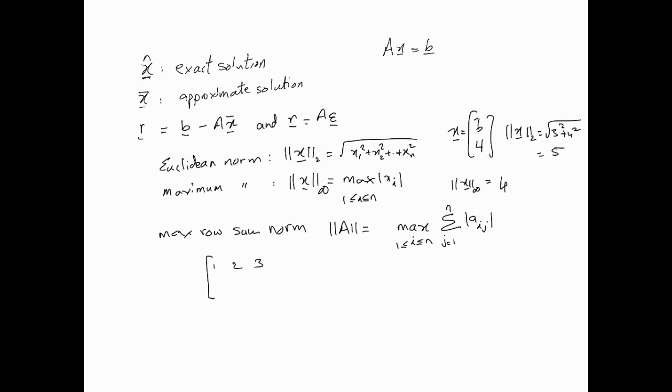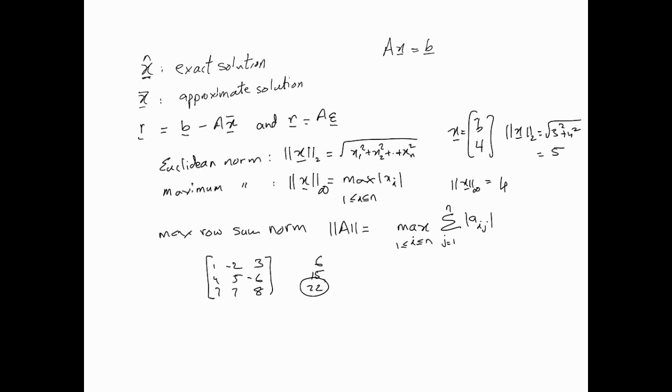So if we have 1, 2, 3, 4, 5, 6, 7, 7, 8, for instance, and let's put in some negative numbers in here. What it's saying is 1 plus 2 is 3 and 3 is 6. 4 and 5 is 9 and 6 is 15. So I'm ignoring the negative signs. 7 and 7 is 14, and 8 is 22.